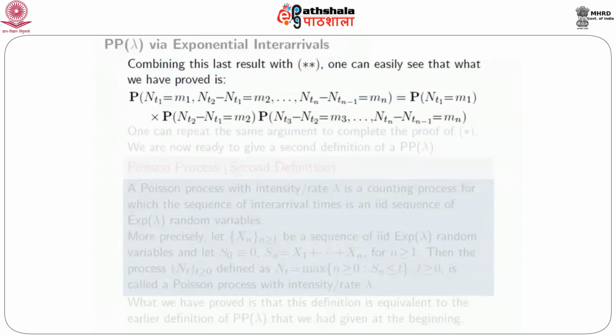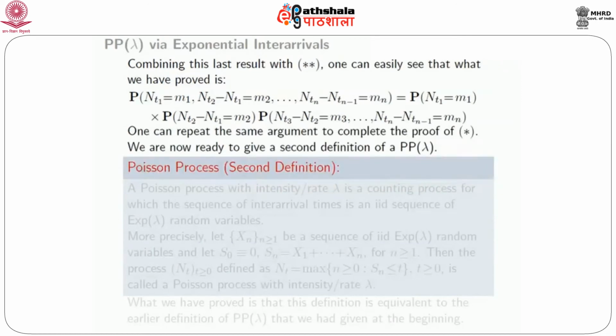The first factor represents the probability of N(t1) equal to m1, the second factor represents the probability of N(t2) minus N(t1) equal to m2, and then the remaining joint probability. But now one can repeat the same argument over and over again to complete the proof of star.